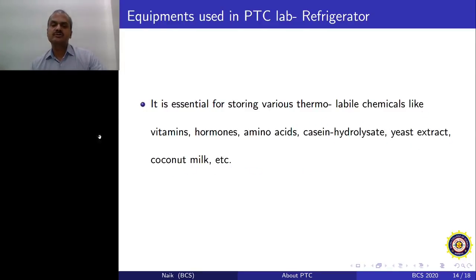All these components which are made up of organic carbon are thermolabile, and the temperature in Vidarbha or central India is reasonably high these days in summer. So you can imagine that if you keep these chemicals in any kind of cupboard which reaches more than 40 degrees Celsius, then these chemicals will lose their functionality. So it is better to keep all these chemicals inside the normal fridge.